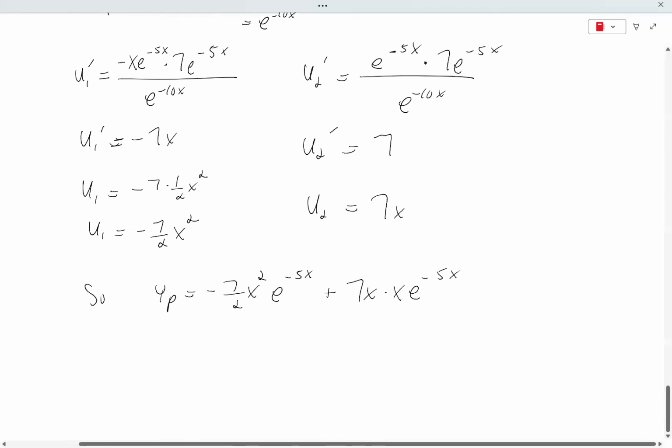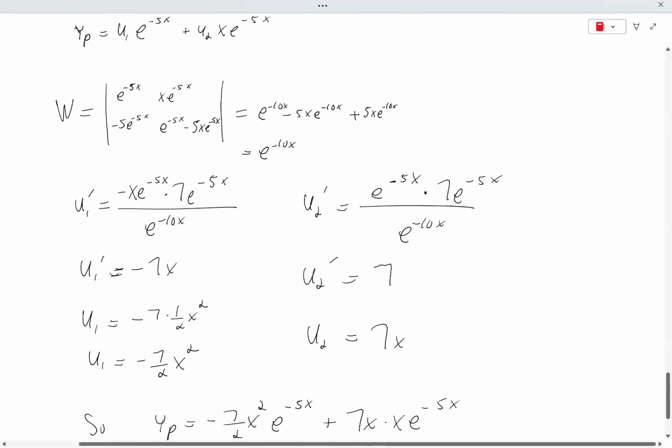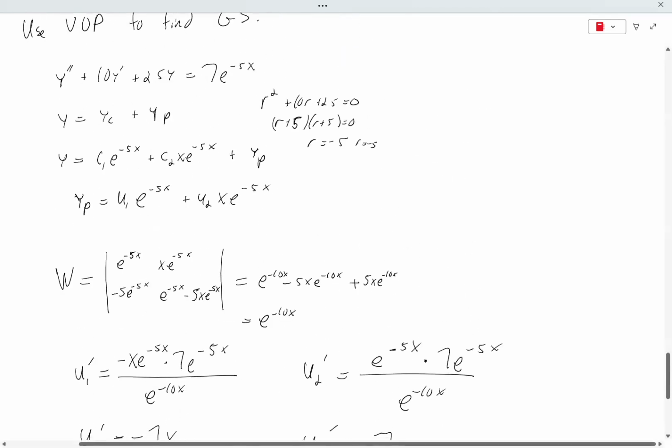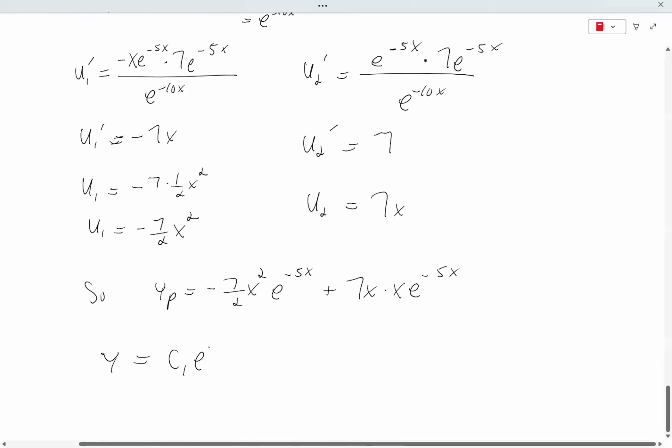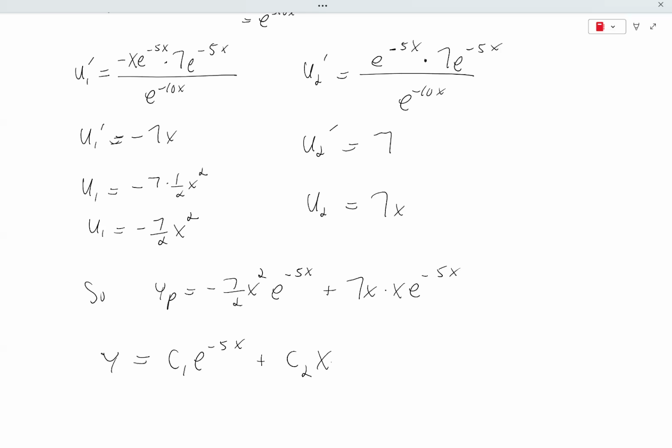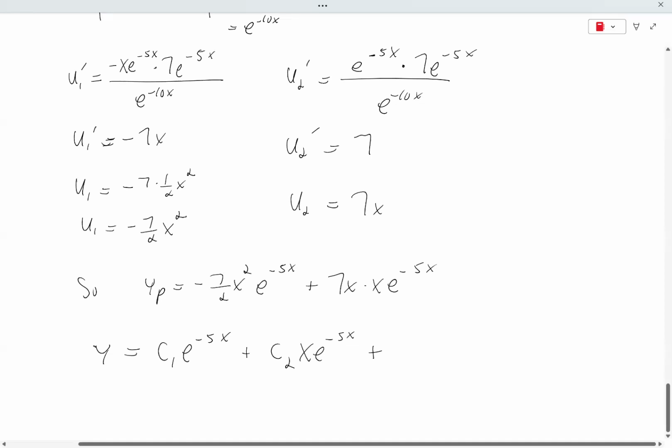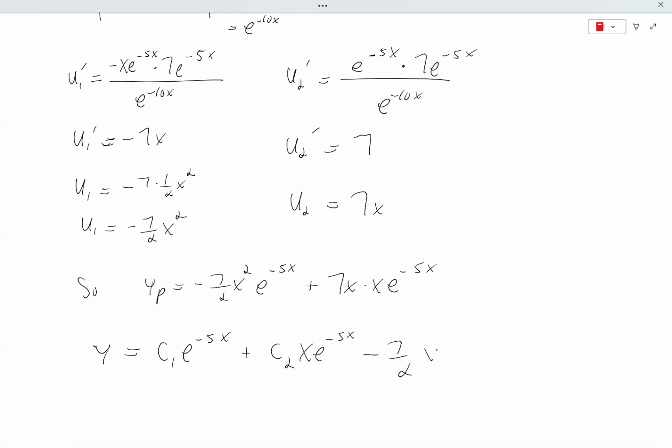And if I write the whole thing now, I get y equals, we basically got the work done, but C1 e to the negative 5x plus C2 x e to the negative 5x plus, and then the particular solution here. So minus 7 halves x squared e to the negative 5x plus 7 x squared e to the negative 5x, like this.